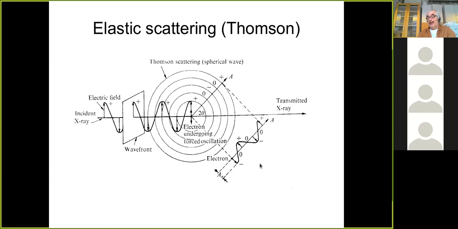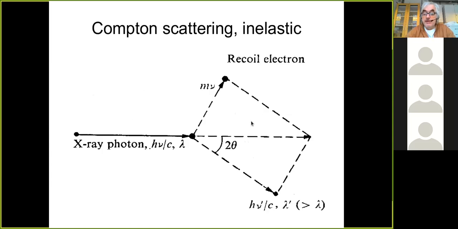So then the outgoing beam will be slightly different. You can construct some kind of energy diagram if the incoming X-ray photon has some energy and a certain lambda. If, for example, a recoil electron is emitted from the atom, it represents some energy, or the atom could also just be moving away. Then the scattered radiation will have a different wavelength. Less energy means a bigger lambda.